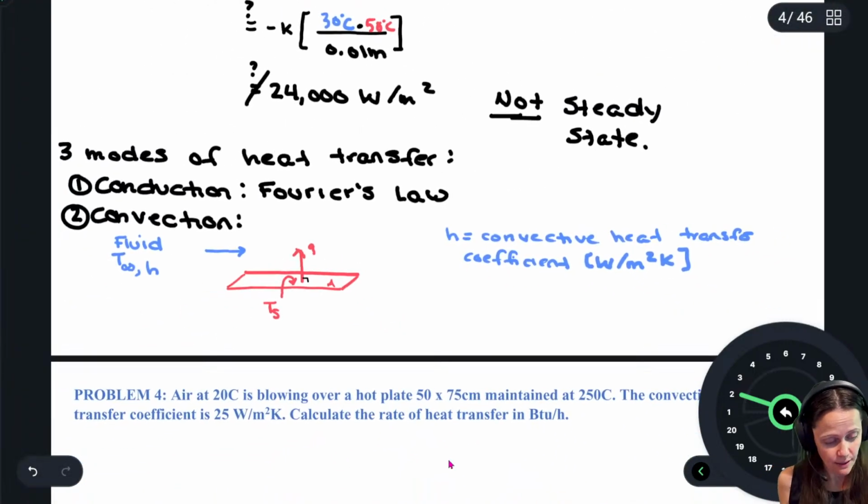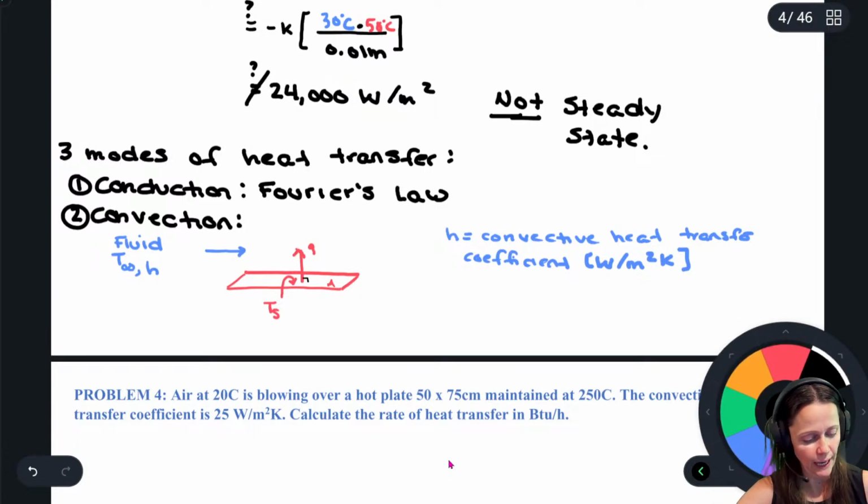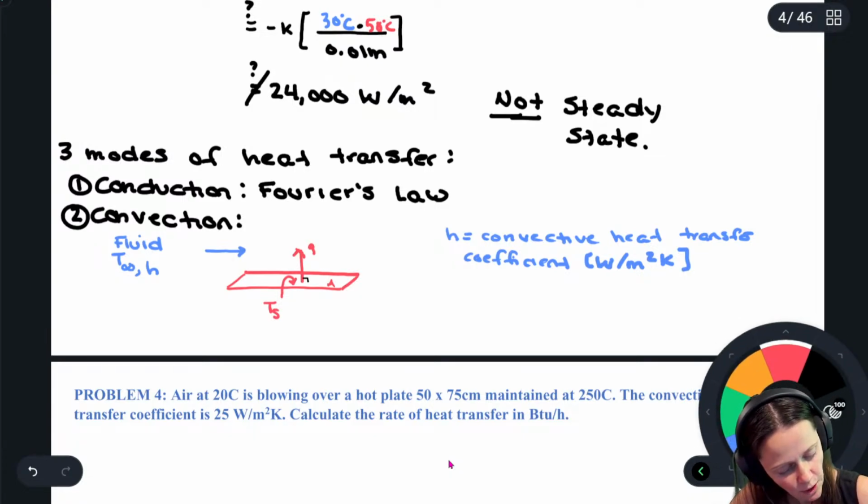It would be good if we had an equation for that. The equation is Newton's law of cooling.